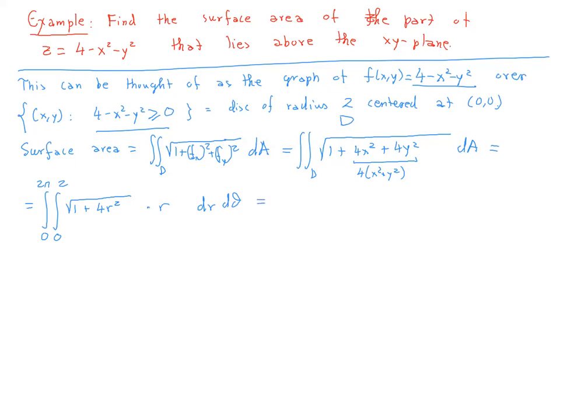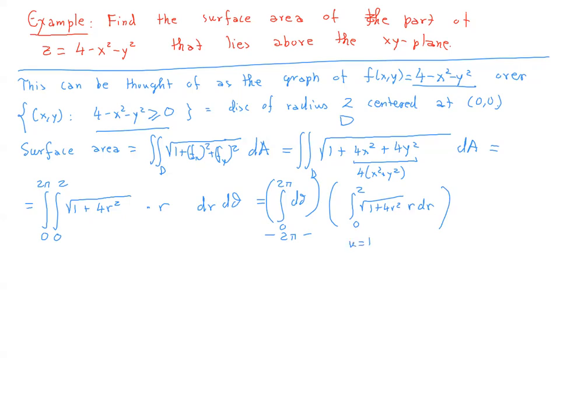Obviously, this integral will split. It's a very simple integration, no matter how you look at it, once you realize that a substitution will be needed. So you have the integral from 0 to 2 pi d theta, which is, of course, 2 pi. And then you have the integral from 0 to 2 of the square root of 1 plus 4r squared times r dr. How do you compute this integral?